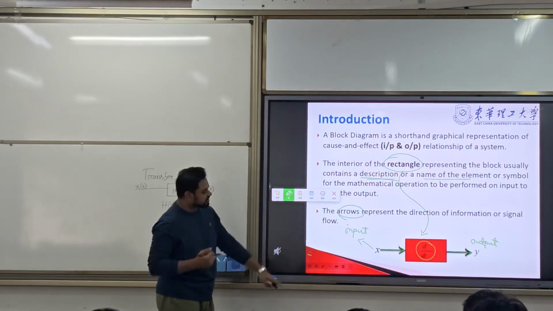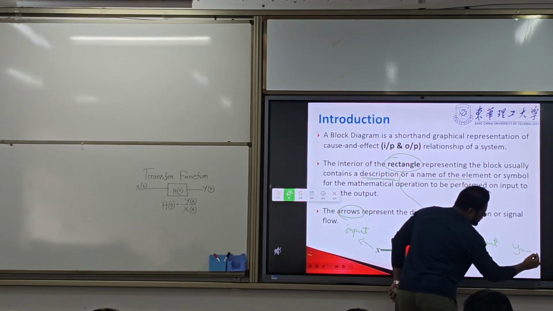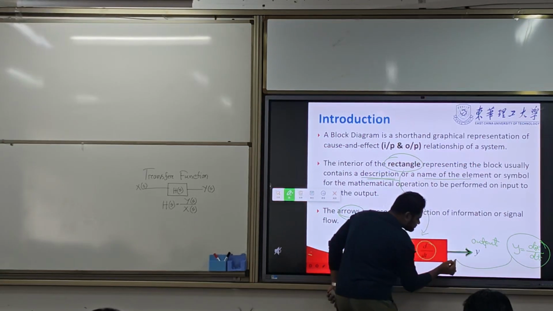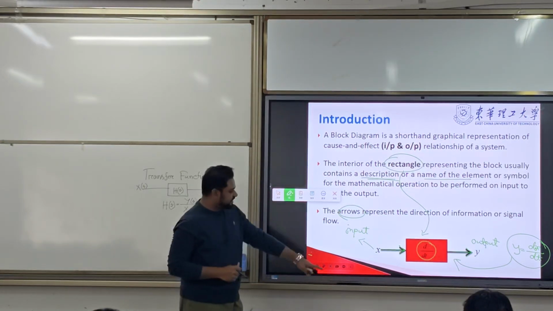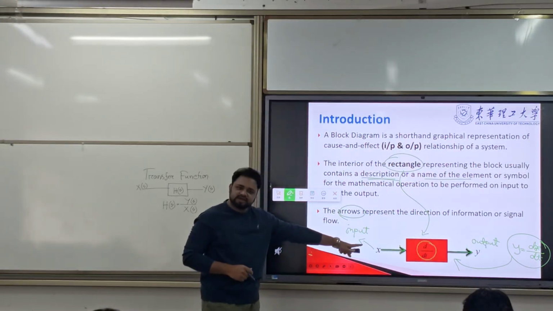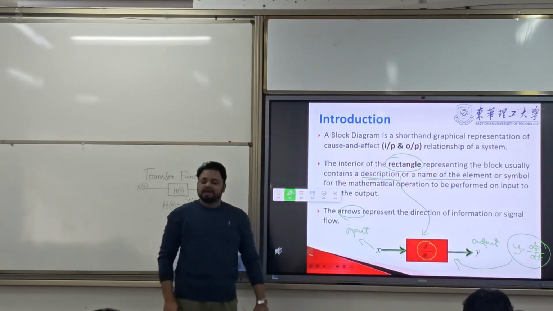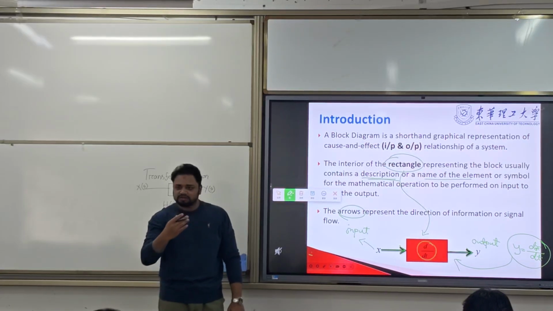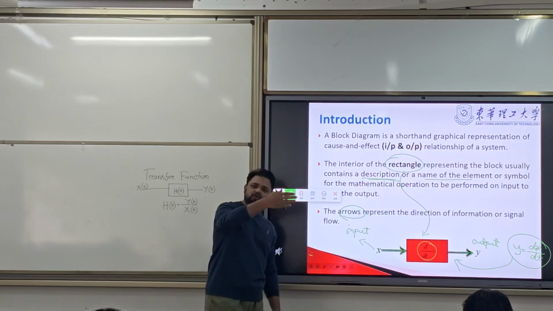What is the mathematical representation for this? The mathematical representation is just simple, like this: y equals dx/dt. We can represent it by using this block diagram. Now, how is the signal flowing from x to y? The signal always flows from input to output.